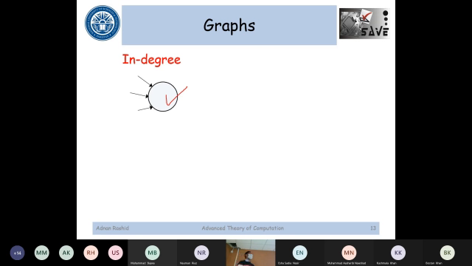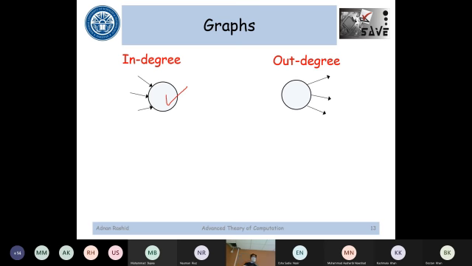This would be simply 3 for this case. And if you talk about out degree, guys, that would be the number of arrows that are going outside that node. So it is quite obvious from its name. So we have in degree, and then we have out degree. What is the out degree of this node? Okay, it is again 3 for this case as well.